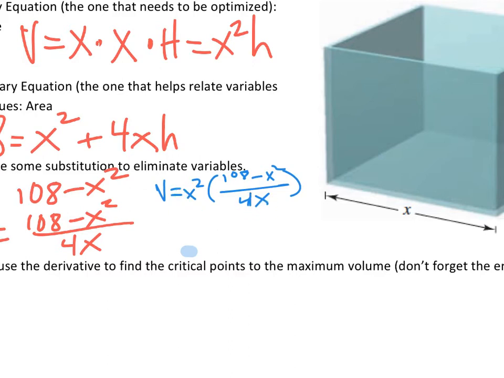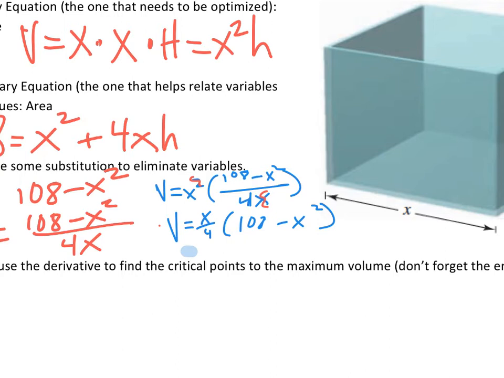This x squared, we'll cancel one of these x's, just leaving x. And then we should divide this by 4, so we've got volume equals x over 4 times 108 minus x squared.